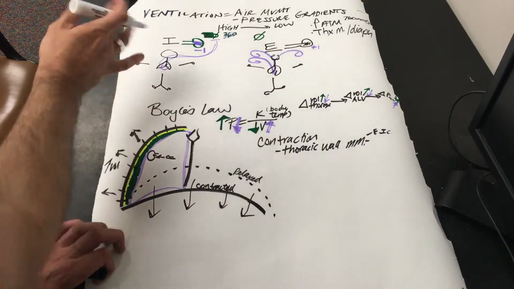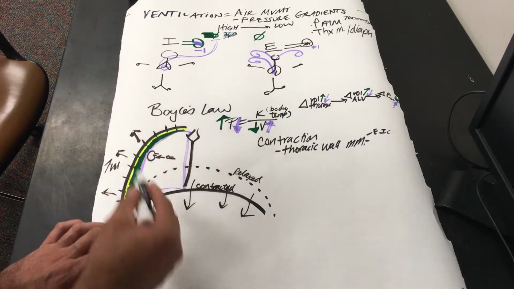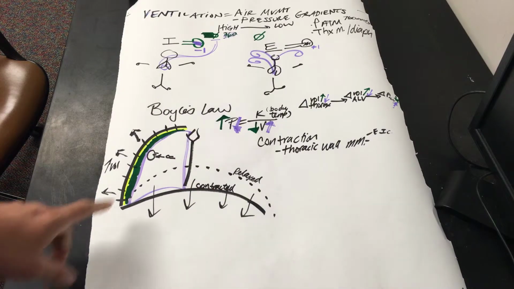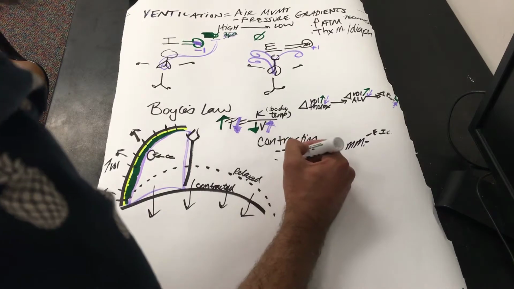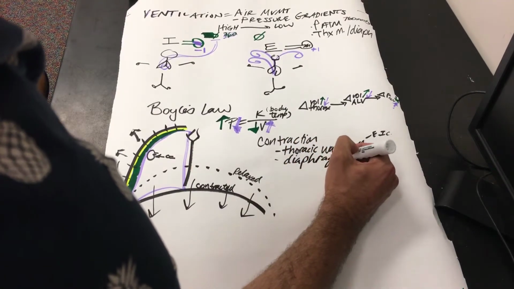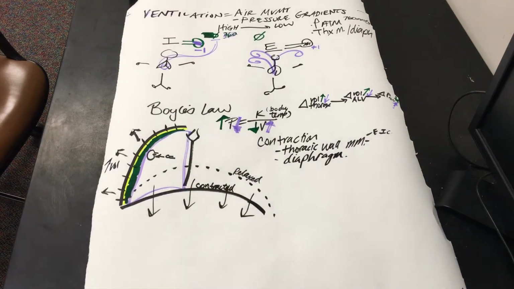External intercostals raise the rib cage laterally, all of which contributes to an increase in volume inside the thorax, and of course as well the diaphragm. Okay, so review the forces that act on the thoracic wall and the thoracic cavity to change the volume, to increase the volume.